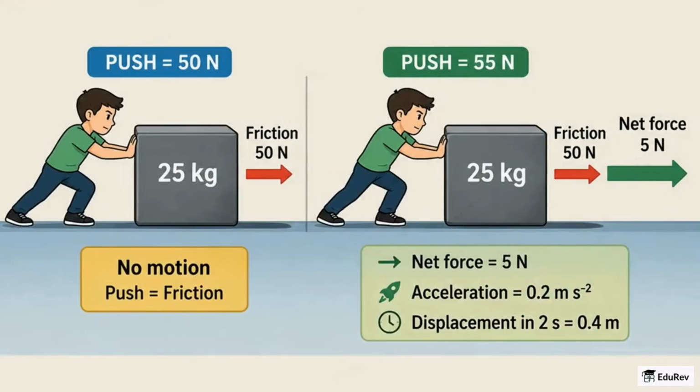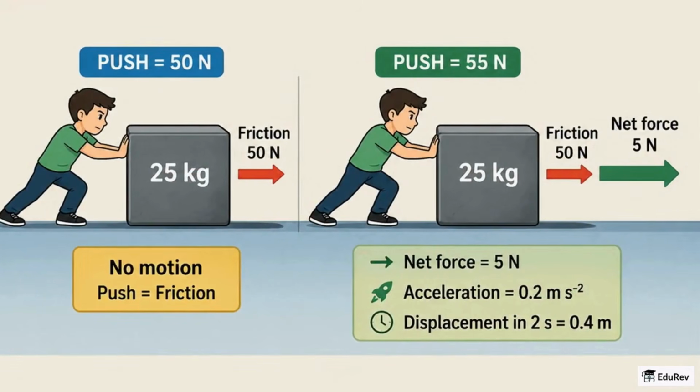A student pushing a 25-kilogram block where friction is 50 newtons will not move it if they push with 50 newtons, but pushing with 55 newtons gives net 5 newtons, acceleration 0.2 meters per second squared, and a displacement of 0.4 meters in 2 seconds.